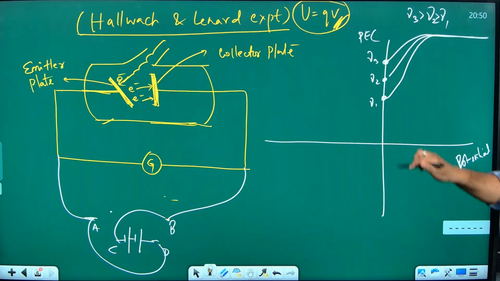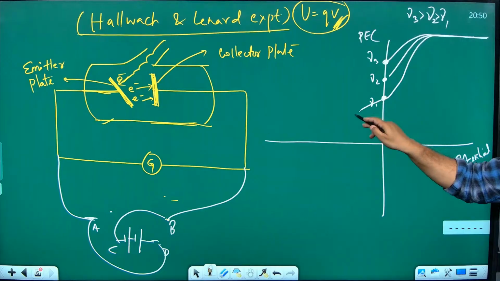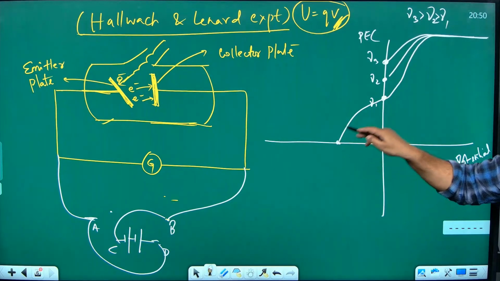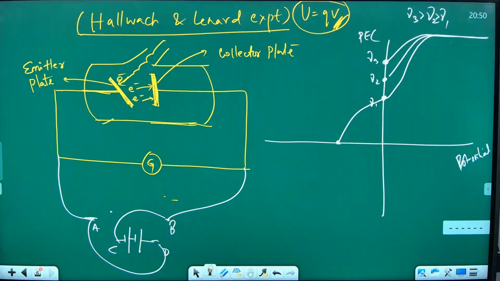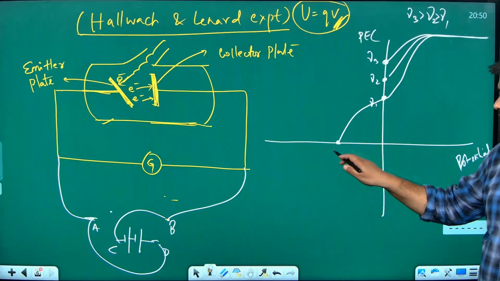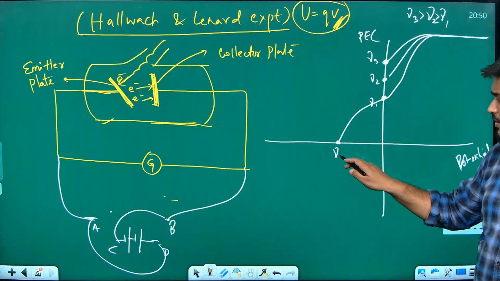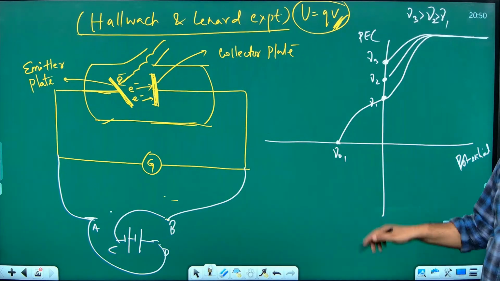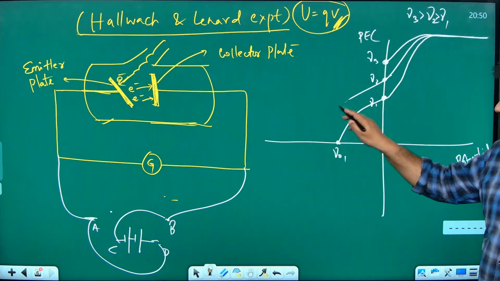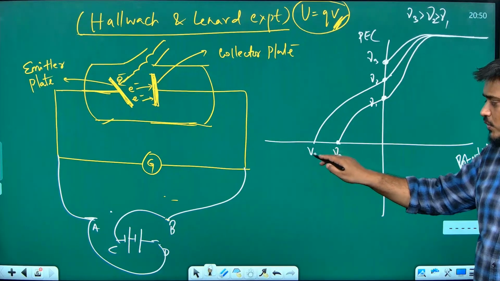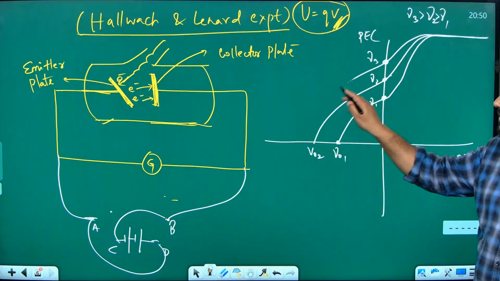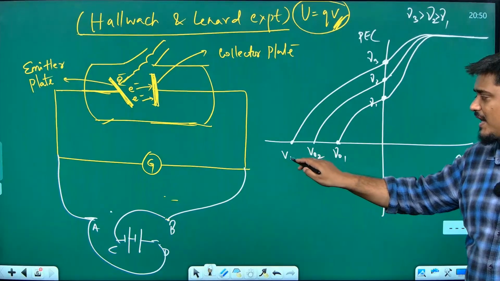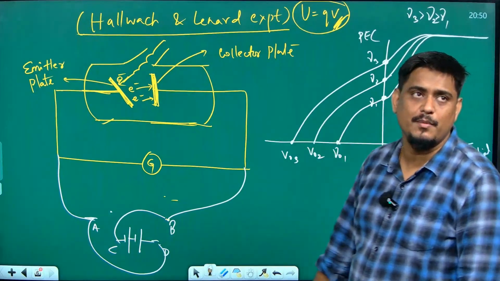And then the current started to reduce and at a particular potential stopped completely. Let this be stopping potential V naught for the first frequency. Second frequency had its own stopping potential, and third frequency had its own stopping potential.